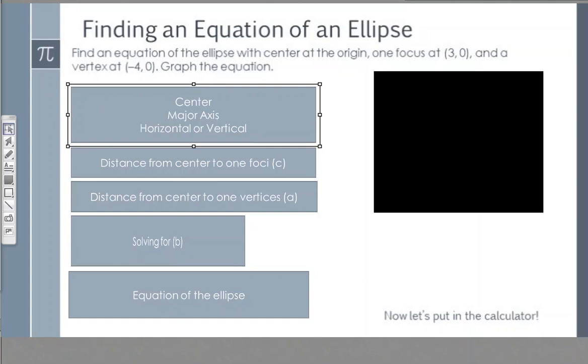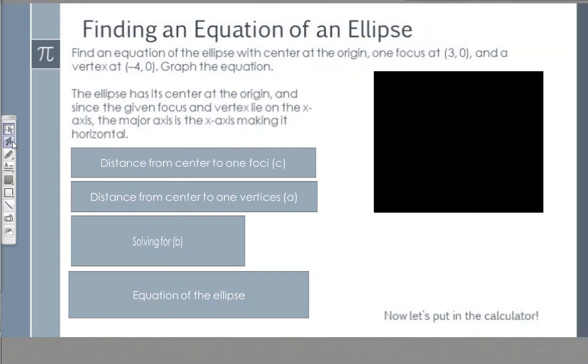So first, we're going to find the center and determine the major axis, and then determine if it's a horizontal or vertical ellipse. The ellipse has its center at the origin, and the given focus and the vertex lie on the x-axis.